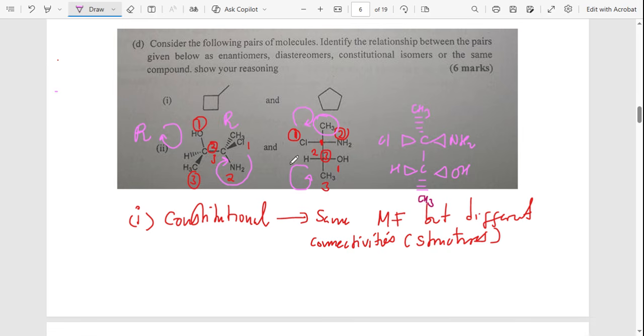This was supposed to be S configuration, but because the fourth group is in front, this is going to be an R configuration. This is going to be R. The one on top, the fourth group was already at the back. So that is also R. So the first compound is RR. Second compound is also RR.